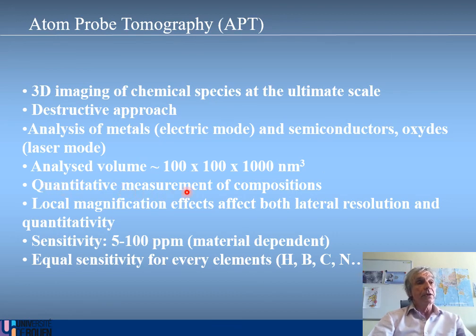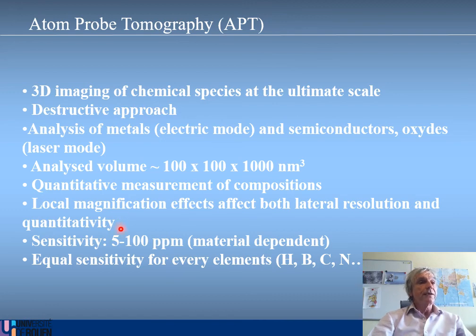If you take care, you can have quantitative measurements of composition, particularly if you take care of the problem of mass resolution and the proper identification of peaks in the mass spectrum. You should also take into account the problem of preferential evaporation and also the issues related to detection of ions, and use for that a low detection rate.